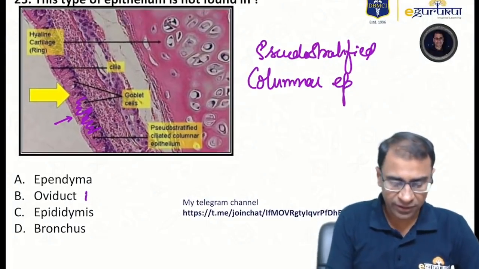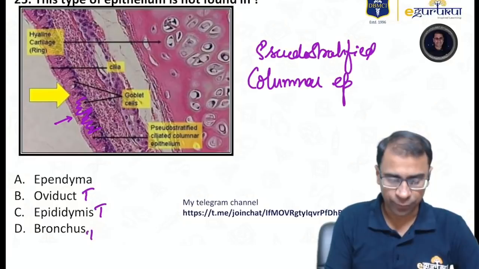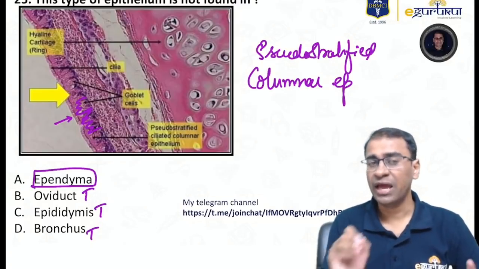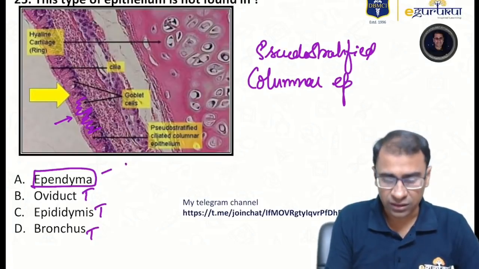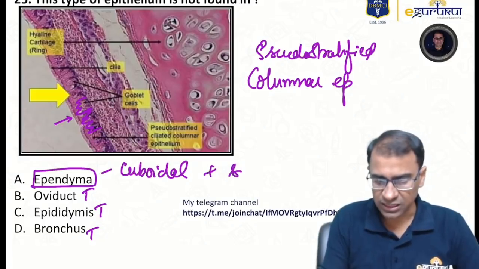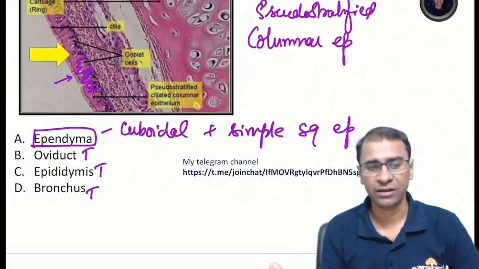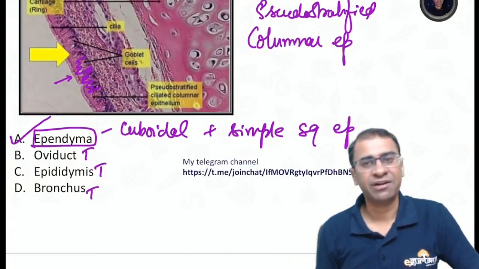Well, it is seen in oviduct, yes, epididymis, yes, bronchus, yes, but ependyma shows a simple squamous epithelium and at times is lined by stratified cuboidal epithelium. Cuboidal plus a simple squamous epithelium. Both of them make the ependymal lining. So the answer is definitely A.